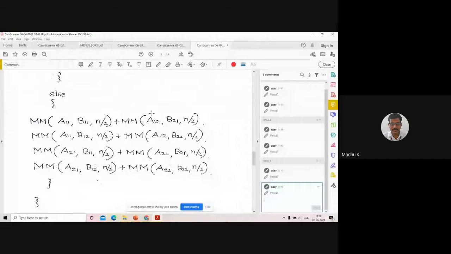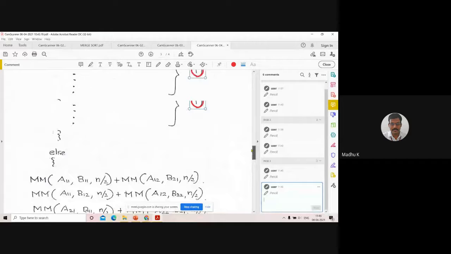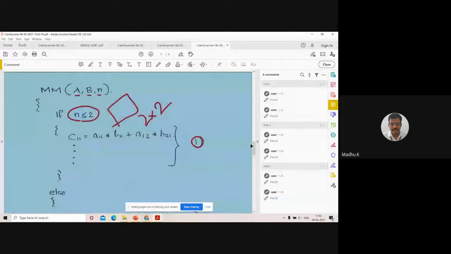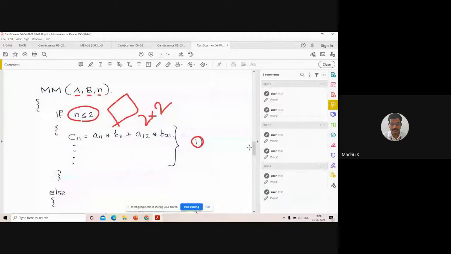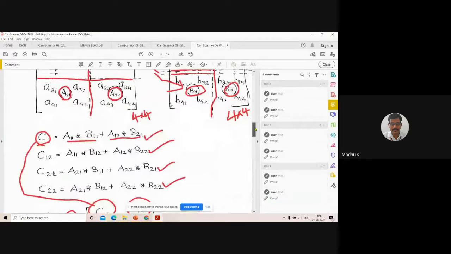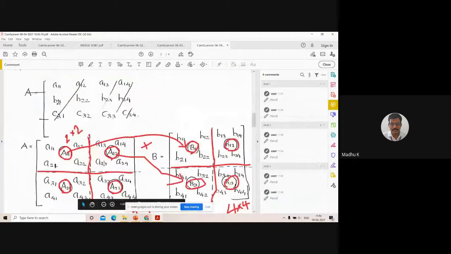Then what had we done? We partitioned the matrix in this way and repeatedly performed matrix multiplication.